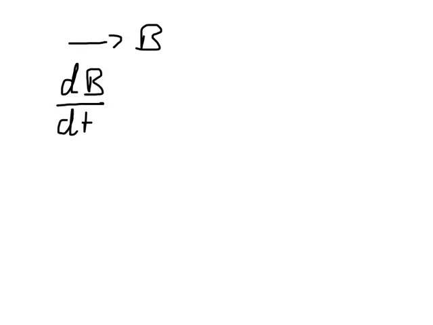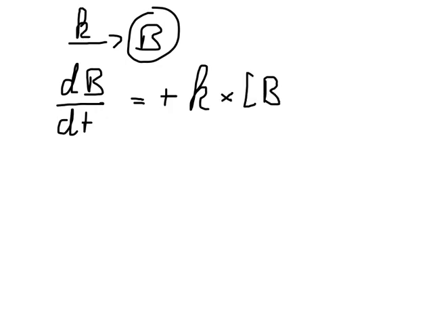So how can we write this as an equation? We have the scenario where B is produced, and therefore we can write dB over dt, our differential equation, that is the general rate law, equals, and now we have a production. We don't have a consumption as we had before. And this production depends strictly on B. So it would be plus k, our rate constant, times B, and if it is a first order reaction, it would be to the power of 1.